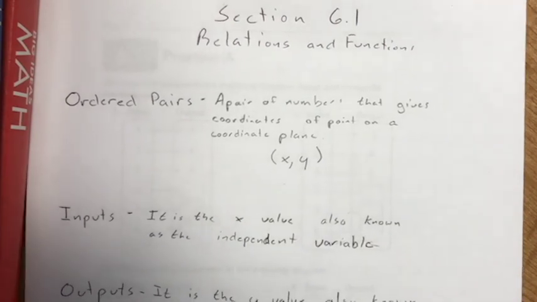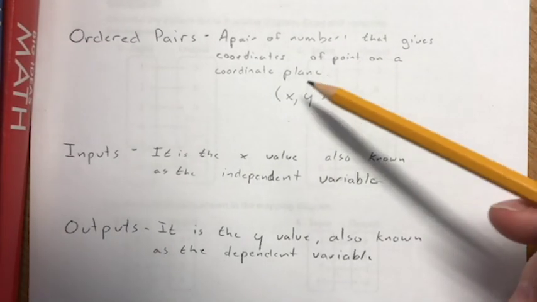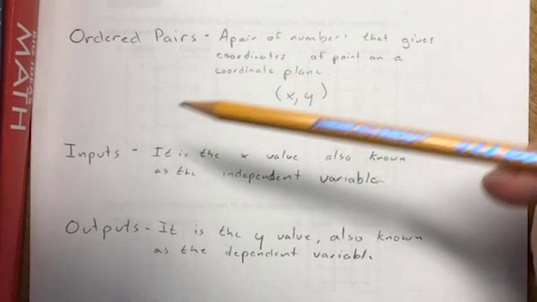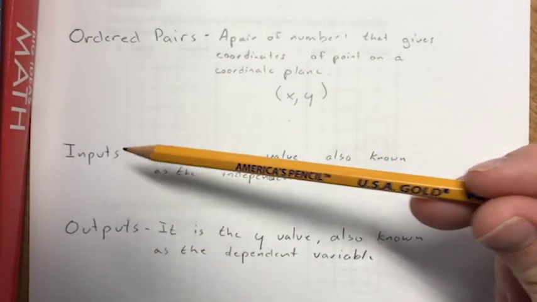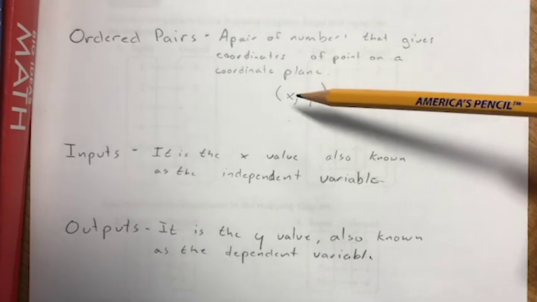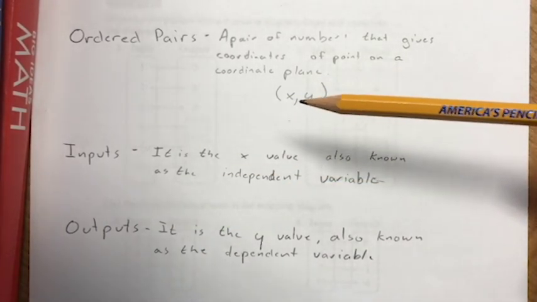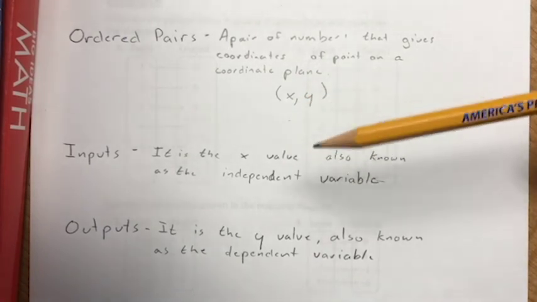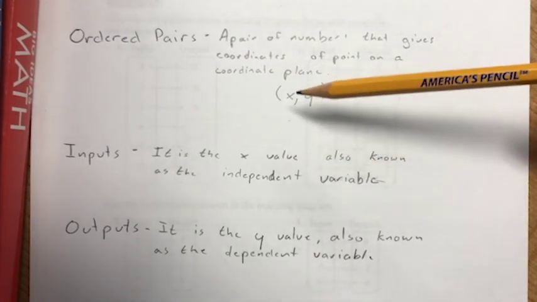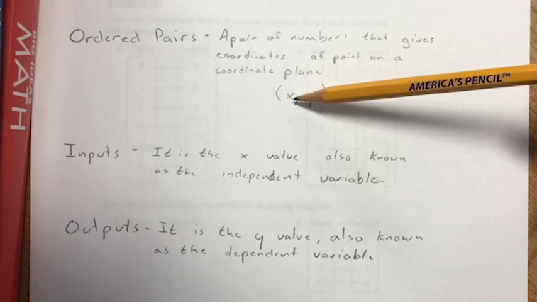A couple of things that we haven't really mentioned is about what we can also call these things. We could call them inputs and outputs. Inputs is basically the x value, and output is basically the y value. So this is something that's interchangeable in mathematics. If I say the x value, I'm meaning the x value. If I say the input value, I'm also meaning the x value.